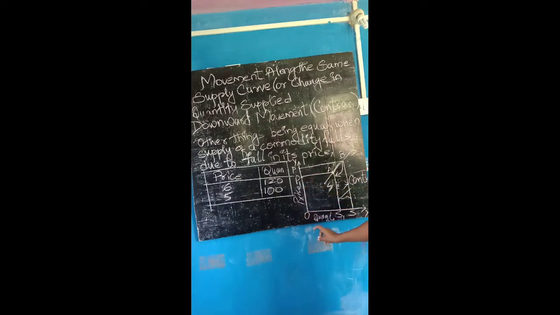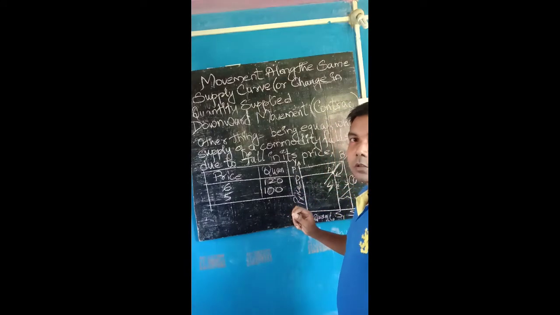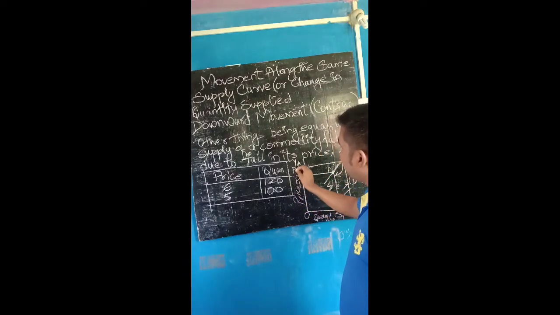Earlier the price increased to OP1, but now when the price is OP, the quantity supplied is OS.